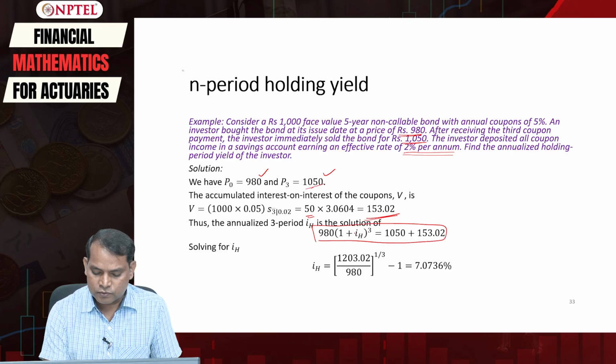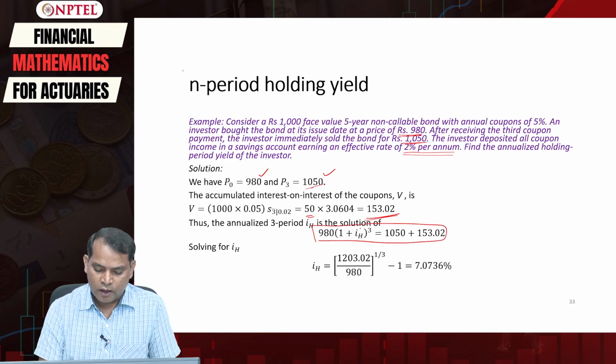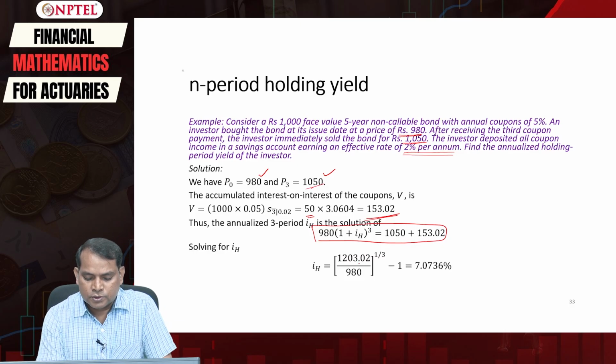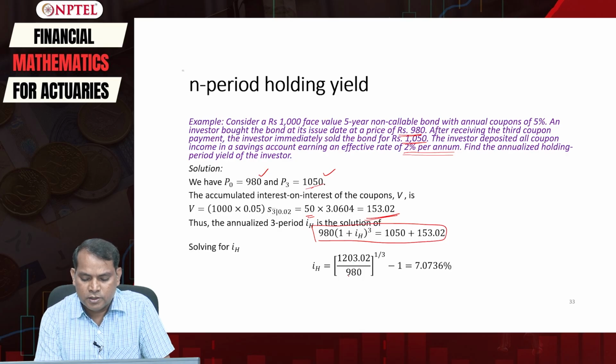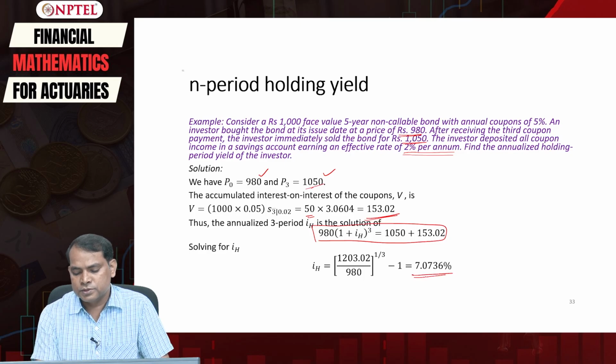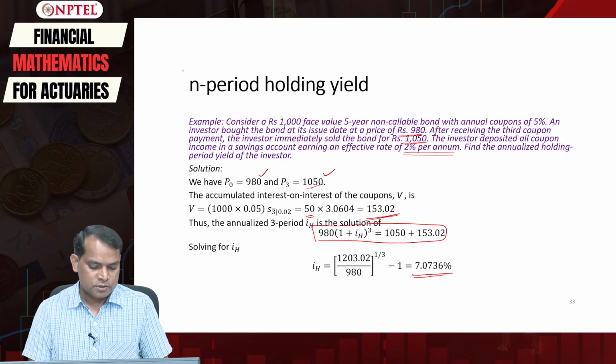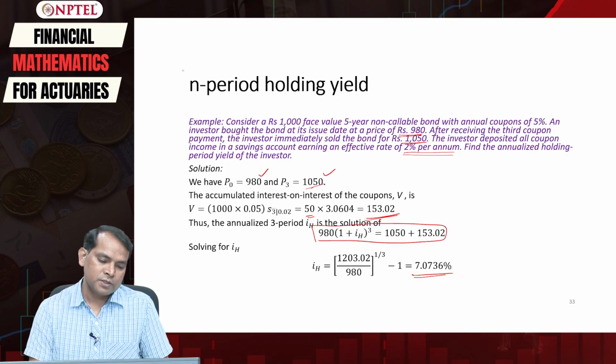Now, we can solve it for IH, which will be (1203.02 divided by 980) to the power 1 upon 3 minus 1, which will give us 7.0736%.